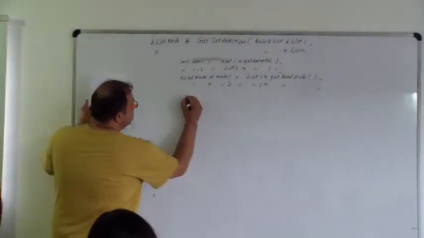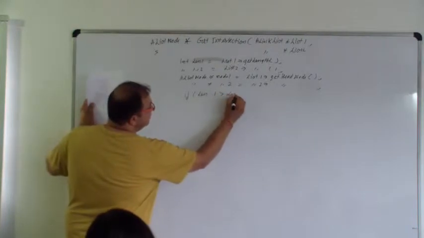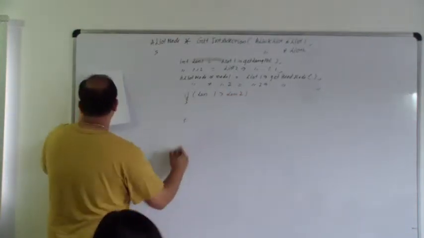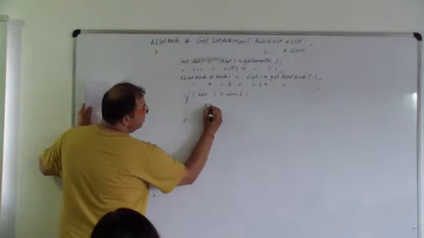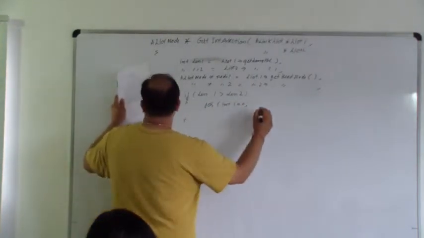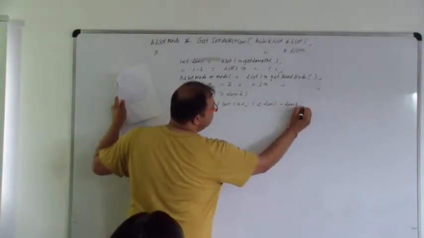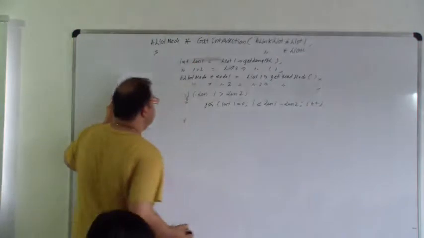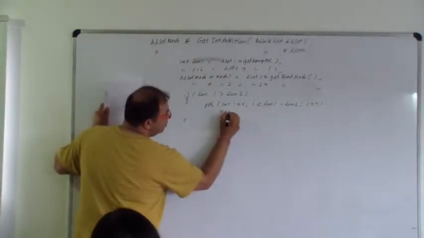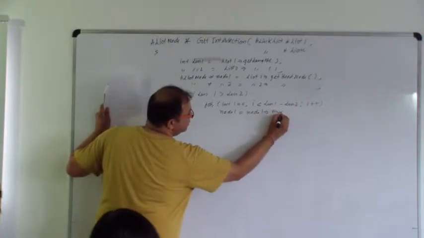Okay, we will check if length1 is greater than length2. In this case, for int i is equal to 0, i is less than length1 minus length2, i plus plus, node1 is equal to node1 arrow next.